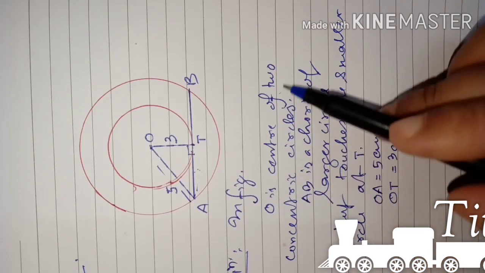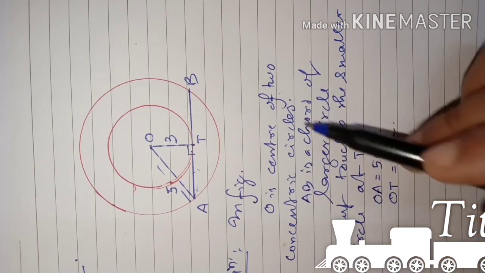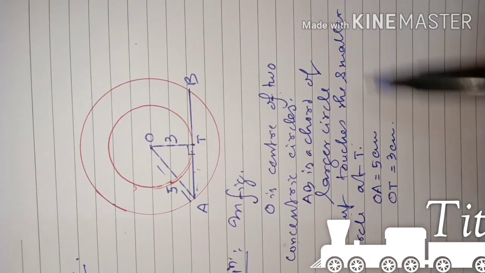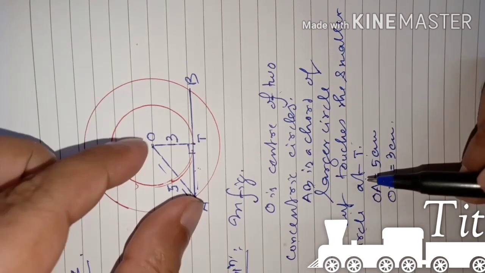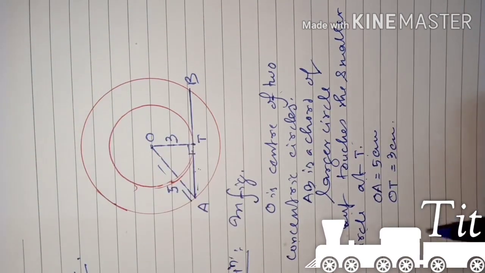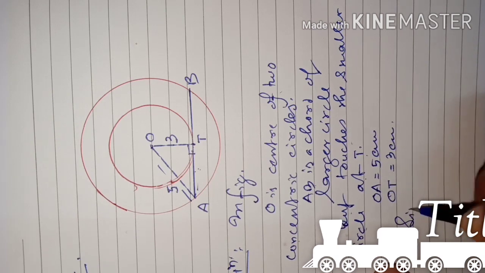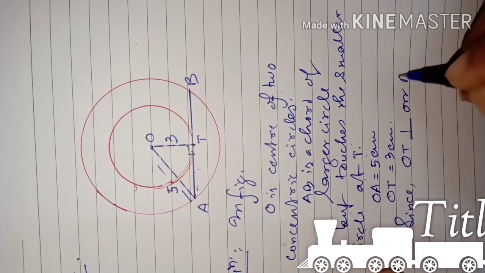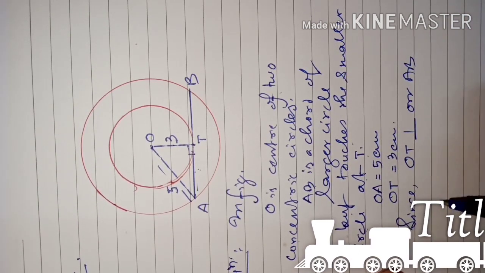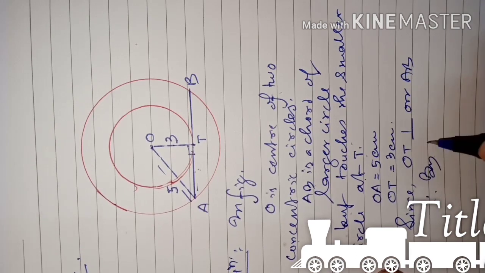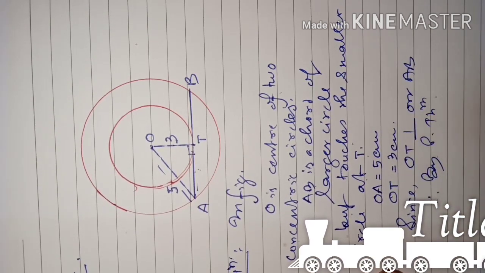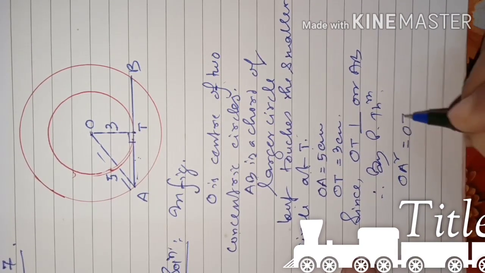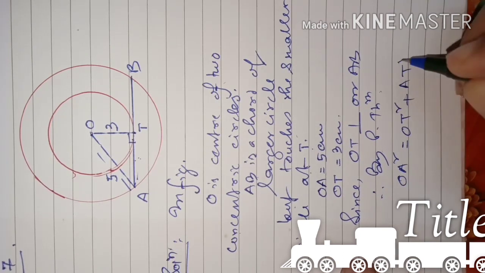O is the center of the two concentric circles. AB is a chord of the larger circle but touches the smaller circle at T, and OA equals 5 cm, OT equals 3 cm. Since OT is perpendicular to AB, by Pythagoras theorem, OA square is equal to OT square plus AT square.